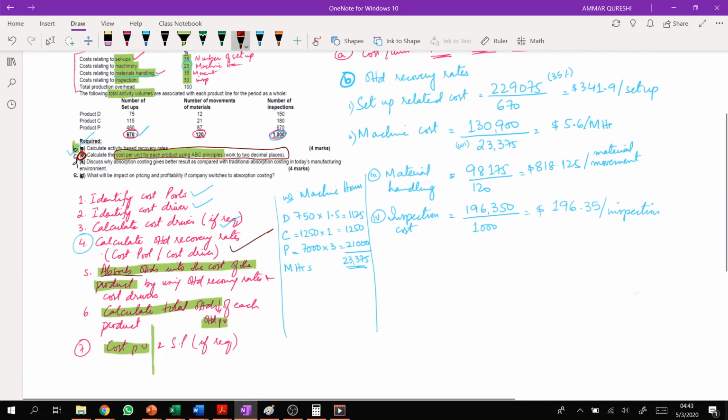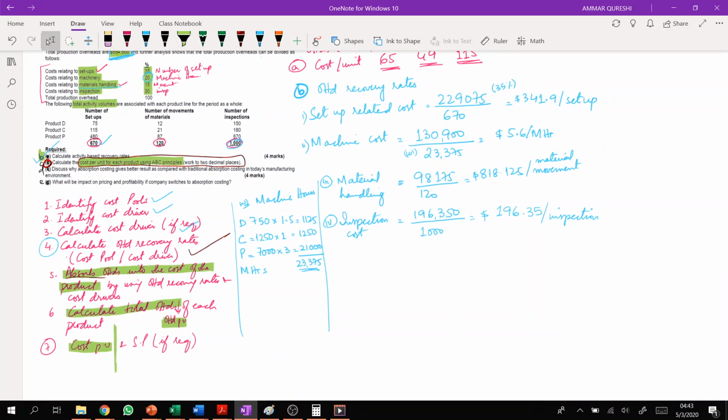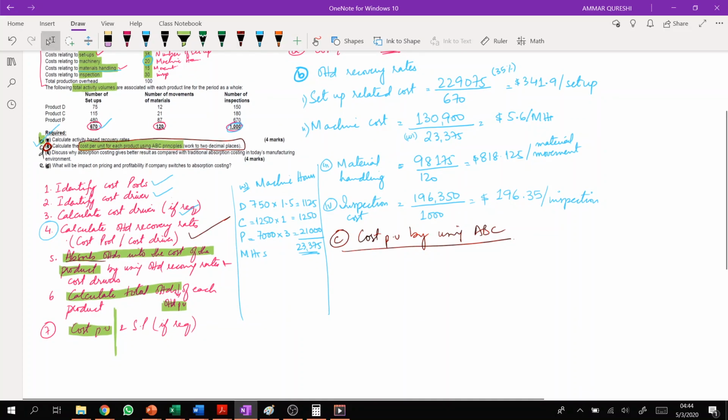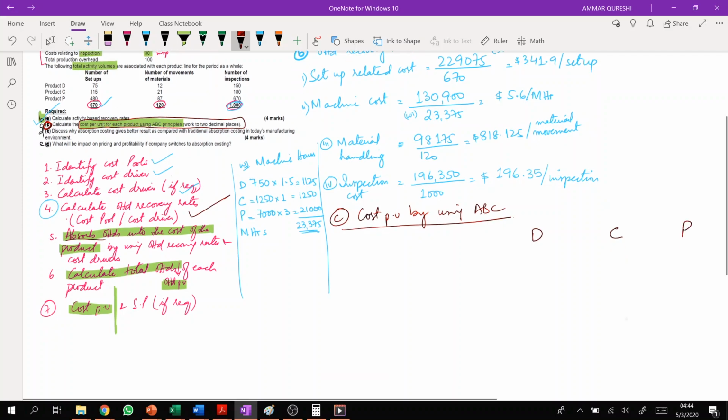So let's see what we can do here. Now we are moving toward the C part, and C part is to calculate cost per unit by using activity based costing principles, right? So there are three products: product D, product C, and product P, right?